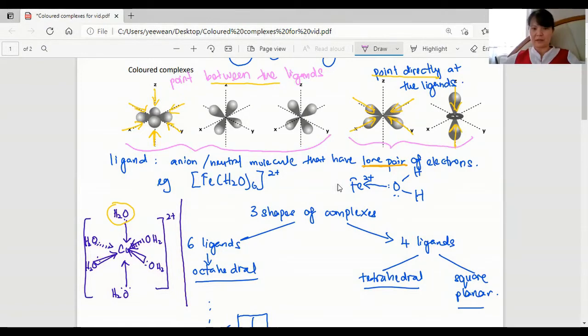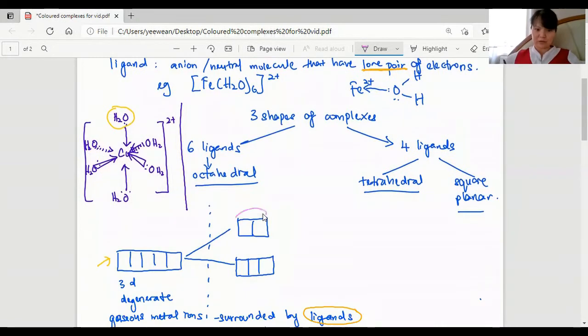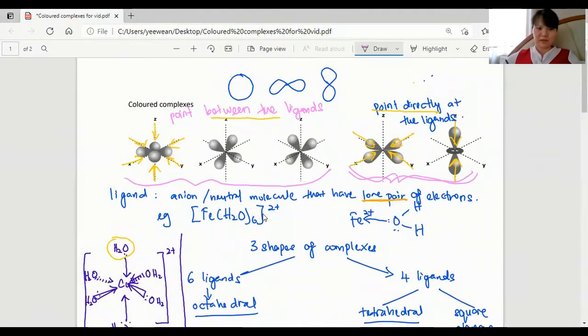Those 2 definitely experience a lot of repulsion because they point directly at the ligands. So the 2 that repel so much are represented by the 2 boxes that are higher in energy. And these ones in between won't really bump into the electrons from the ligands.